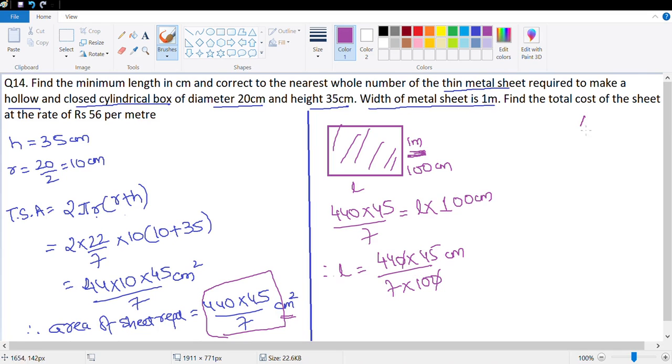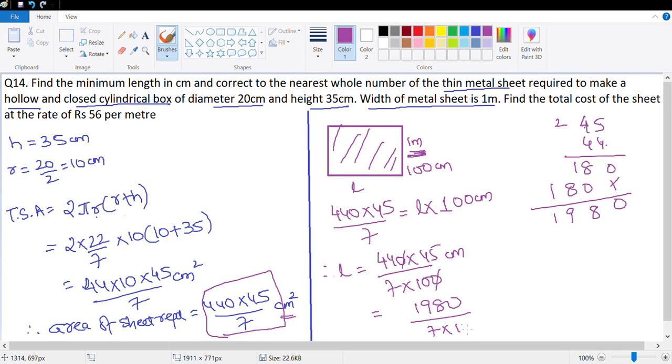So let's multiply. That's 45 into 44. That's 4 into 5 20, 4 into 4 16, plus 2 18, and this is 1980. So this is 1980 upon 7 into 10, and this gets cancelled. So what we have is 198 upon 7.